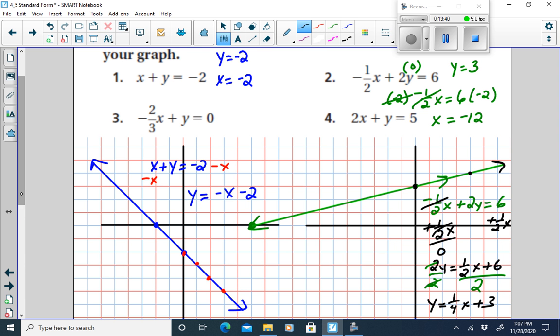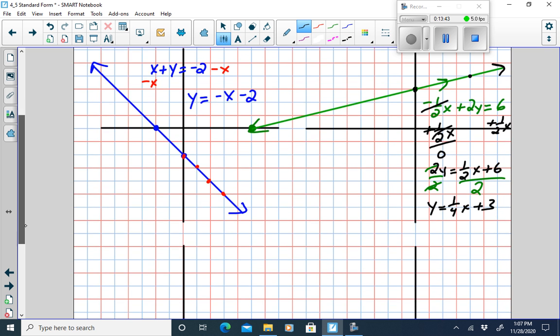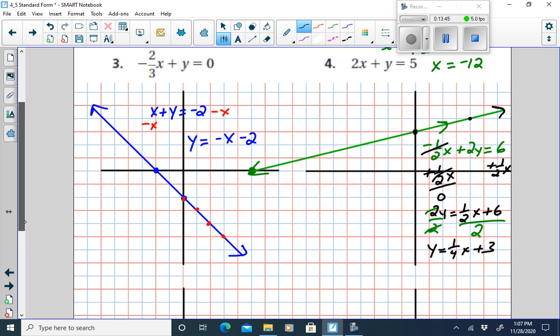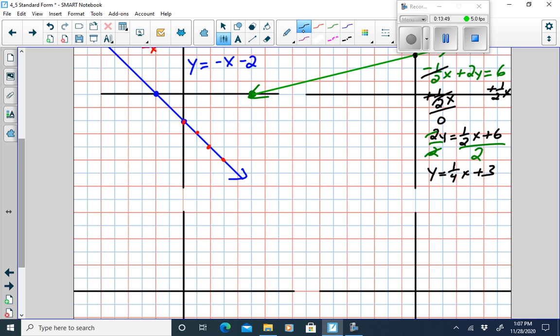Okay, let's continue. Let's look at problem 3. Problem 3, we have negative 2/3 x plus y is equal to 0. Let me recopy that. Problem 3, negative 2/3 x plus y is equal to 0. Okay, well let's do the x-intercepts and y-intercepts here. If we make x 0, y is equal to 0.